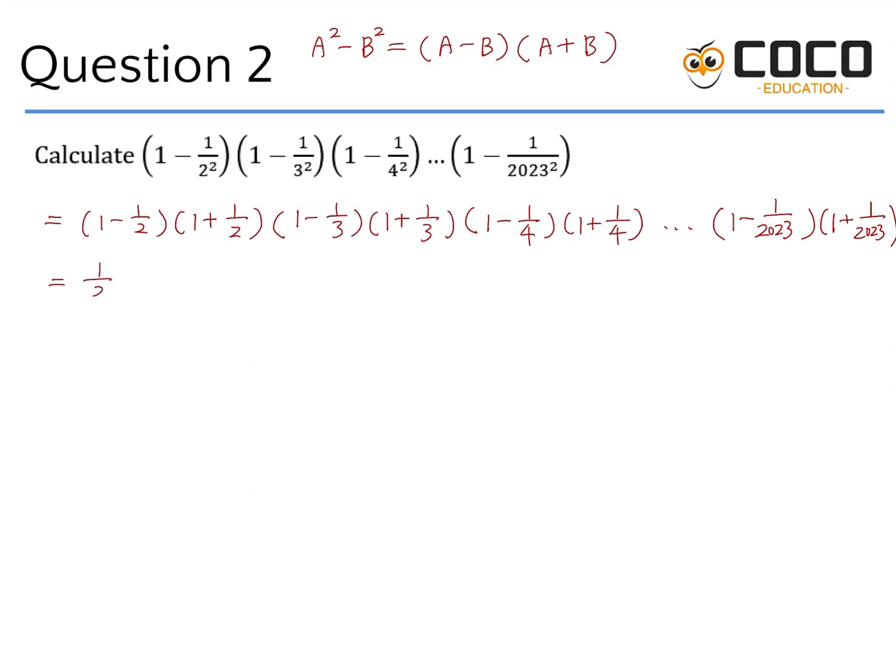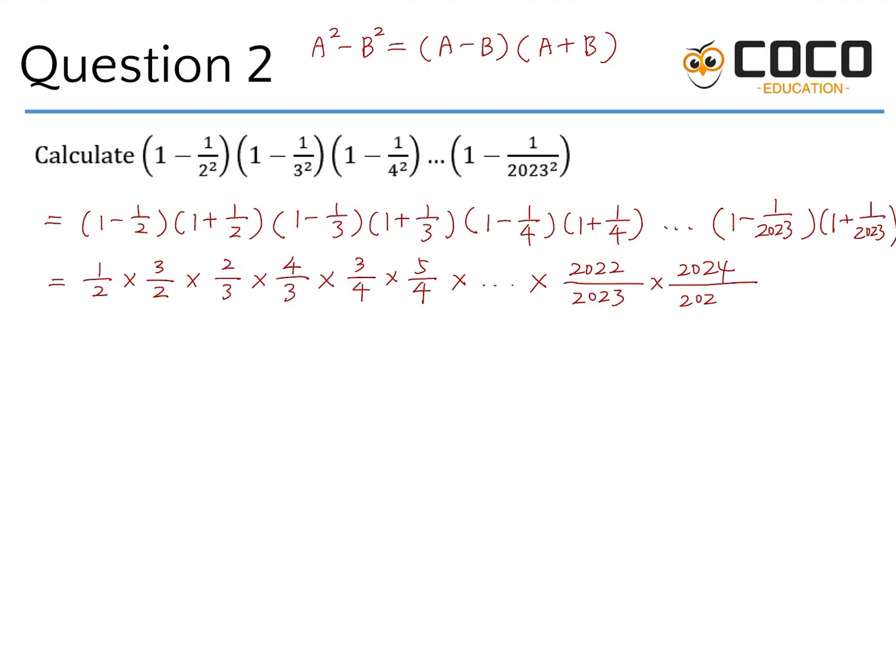First one is half, then 3 over 2 times 2/3 times 4 over 3, then times 3 over 4 times 5 over 4. Right, all the way to the last group, this is 2022 over 2023 times 2024 over 2023.